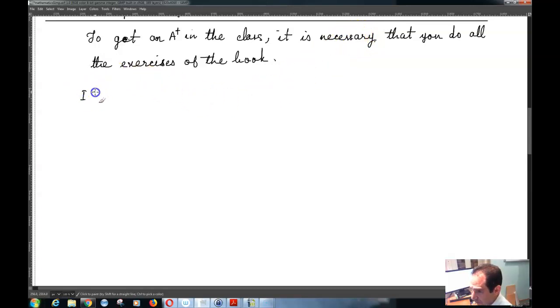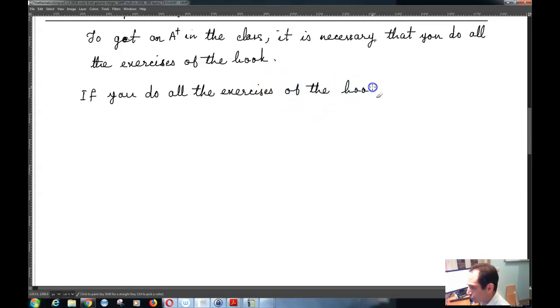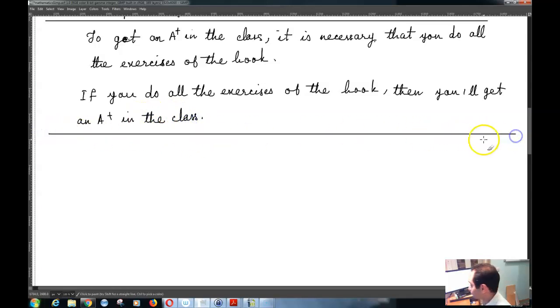So then you can say: if you do all the exercises of the book, then you will get an A+ in the class.